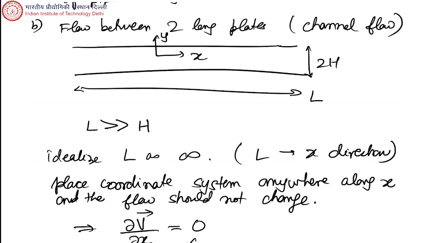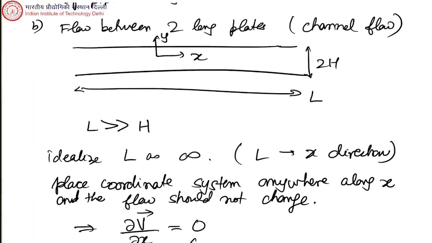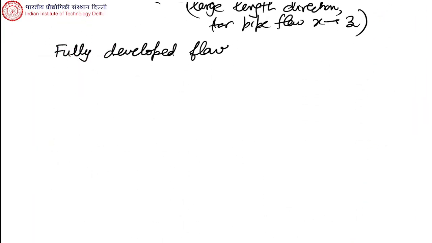Now the same thing will happen in this channel. I have taken this as a 2D flow. But suppose the z direction is very large, this is the direction coming out, then partial v by partial z will also be 0. Not just partial v by partial x, both of them will be 0. And that's why we make the two-dimensional approximation. So these are some of the idealizations. Some of them will be stated a priori, but otherwise you have to make some of these assumptions in the problem.